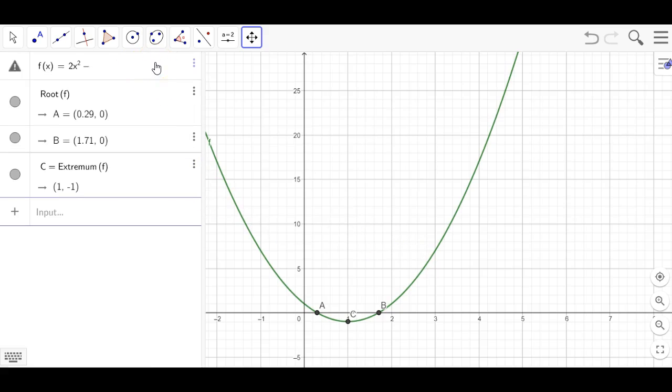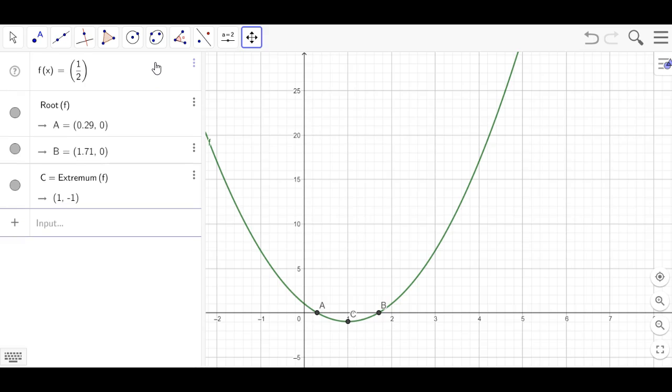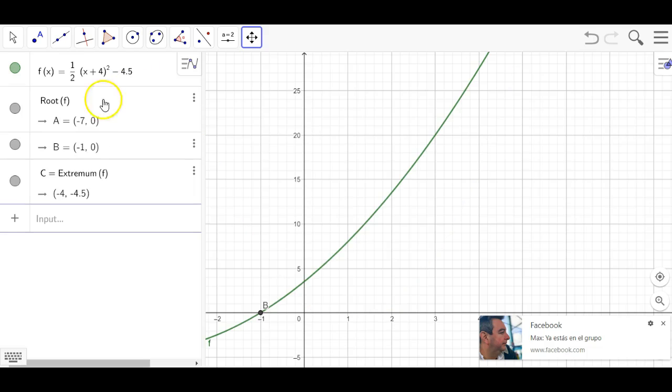Okay, so we're going to start by giving a factor of 1/2, and then we're going to multiply that by x. Let's see, we wanted to go to the right 4, so x plus 4 squared, right? And then I'm going to go minus 4.5 and hit enter.